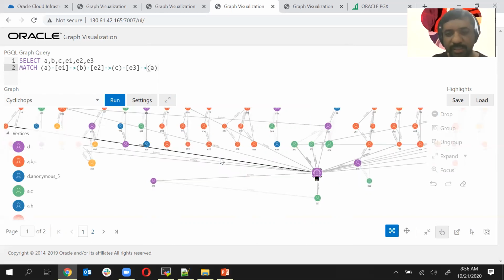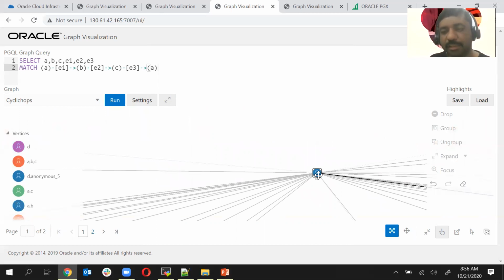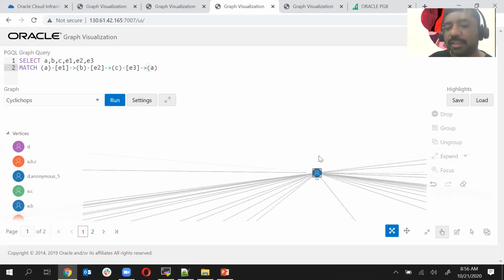Now we can see that it's not just the 3-node cycle, but this node is doing transactions across different nodes, which are not just cyclic in nature but could be indirect. This can then be used by organizations as a hidden insight to find a pattern which is suspicious or fraudulent in nature.